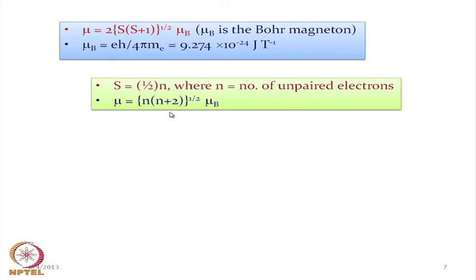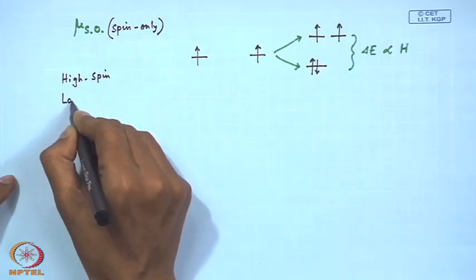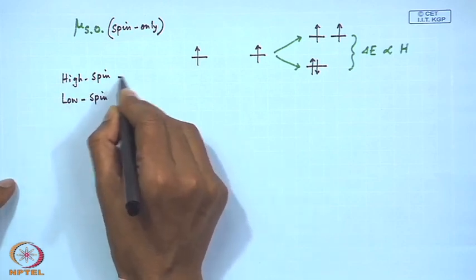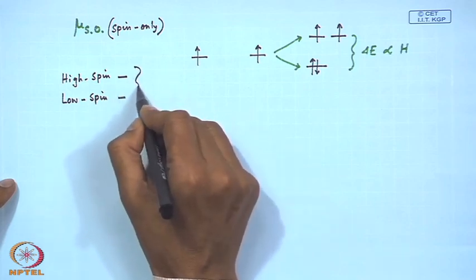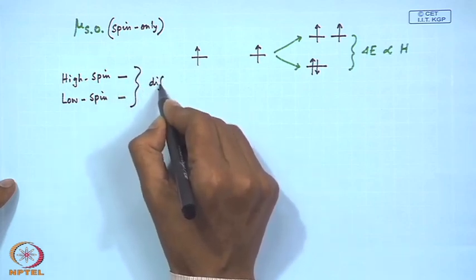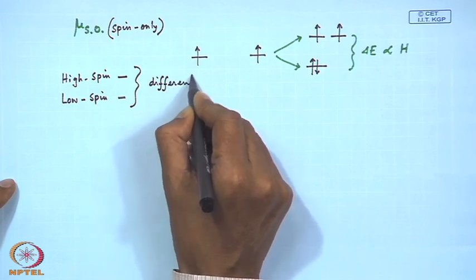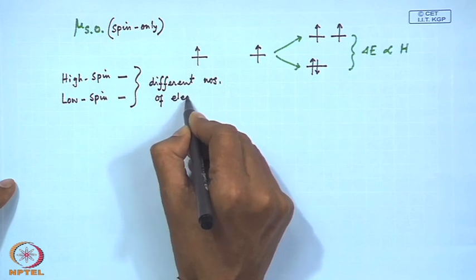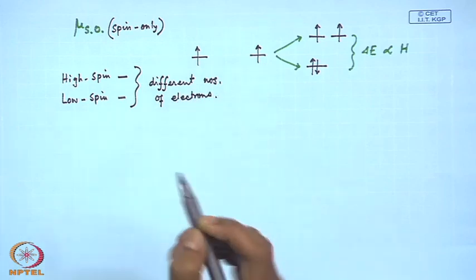crystal field splitting pattern also, because for the two different types of compounds, the high spin complexes and the low spin complexes, we can have different numbers of unpaired electrons.